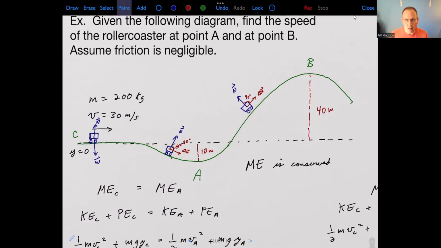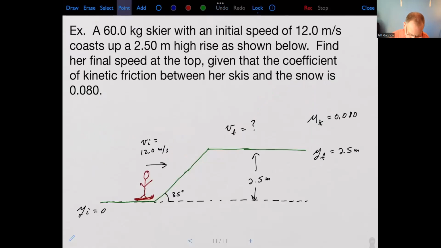Okay, let me do one last example here. This one is a little bit trickier. It says, let's say you have a 60.0 kilogram skier with an initial speed of 12 meters per second, coast up a 2.50 meter high rise.